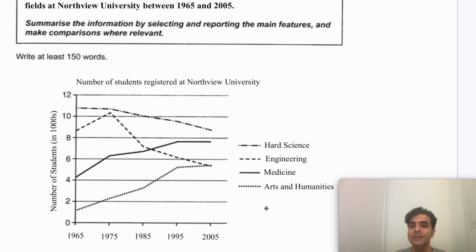Another thing you should focus on is the peak and the low point. So for example, when you're describing engineering students, it might be worthy to mention how the highest number of students enrolled in engineering took place in the year 1975, with over 10,000 students enrolled in this major.